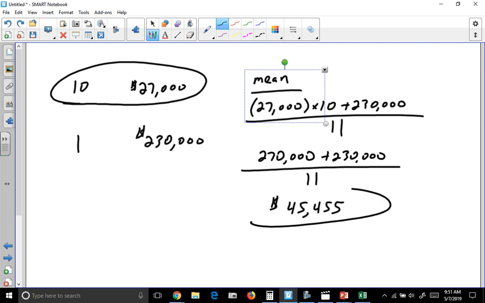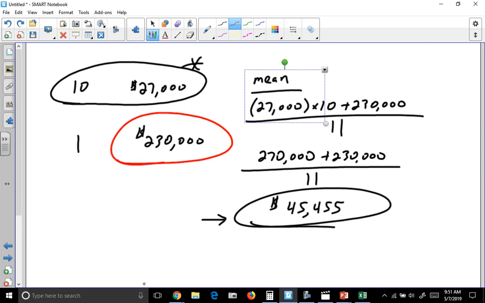And as far as a mean, yes, that is the mean salary for his company, but I'm sure those 10 employees that are only making $27,000 don't take too nicely to the advertisement that people on average make $45,000. That's not far from being twice what everybody makes other than the boss. So this 230,000, that's an outlier.